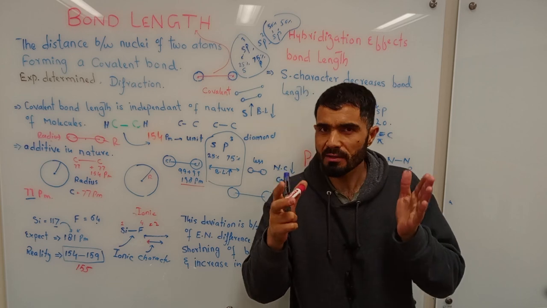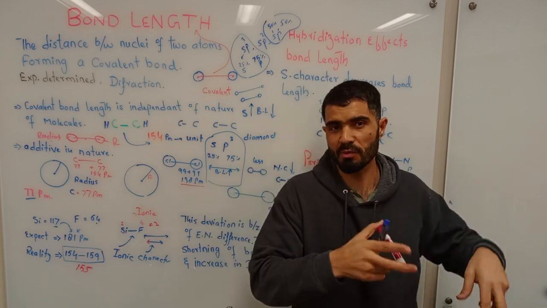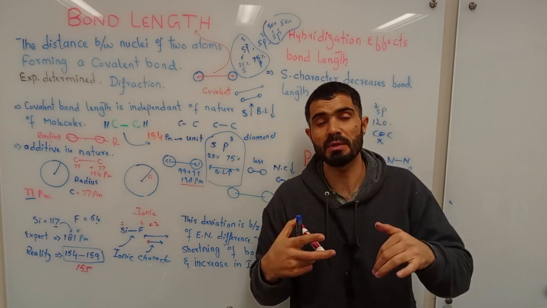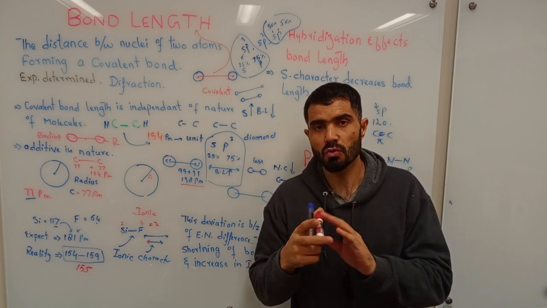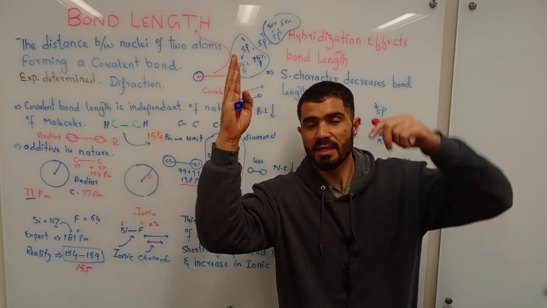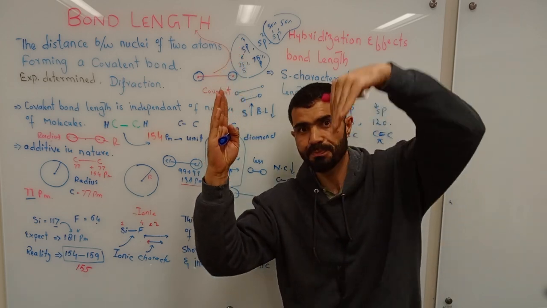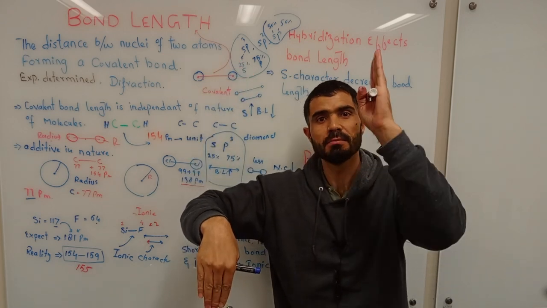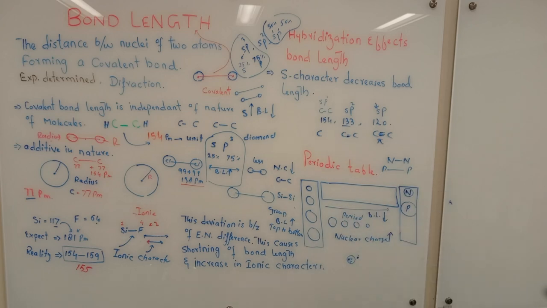The sp3 hybridization bond length is very high as compared to sp hybridization, because in sp3 the s character is less, but in sp the s character is high. So more s character decreases bond length, and less s character increases bond length. Okay, I got it.